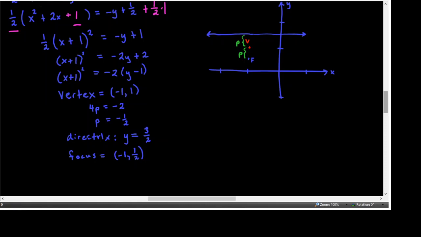If I were to move 2p, and p is 1/2, so twice p, which would be 1, to the right, going parallel to the directrix.